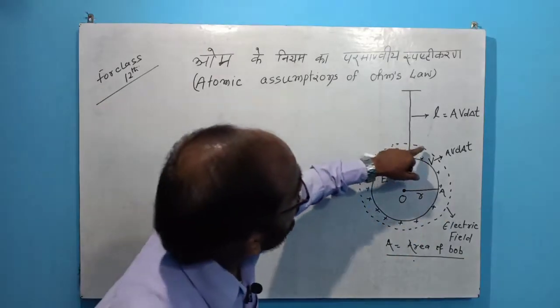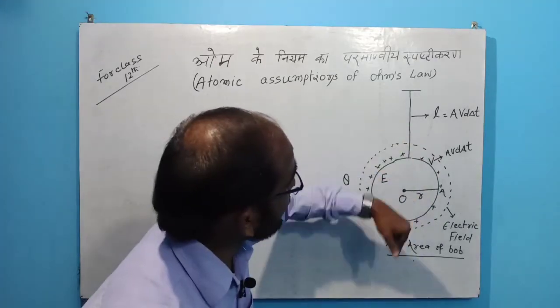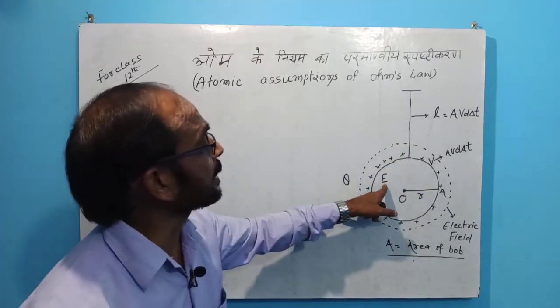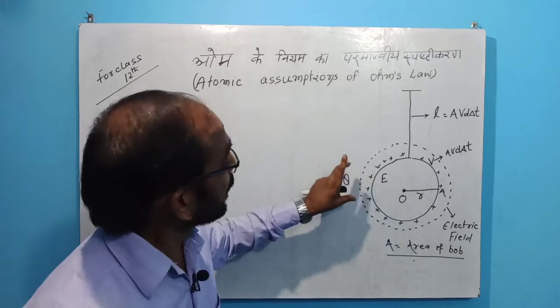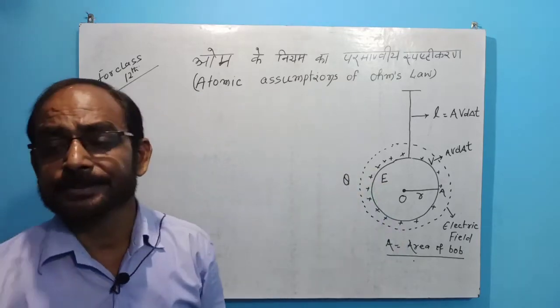So this dotted line is the electric field due to electric intensity after applying the Q charge.